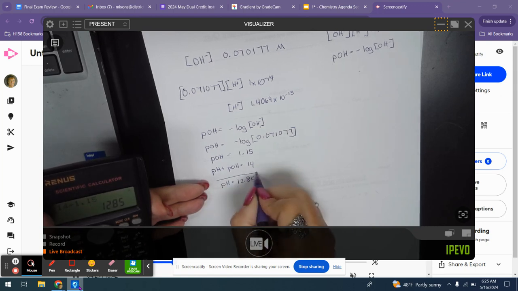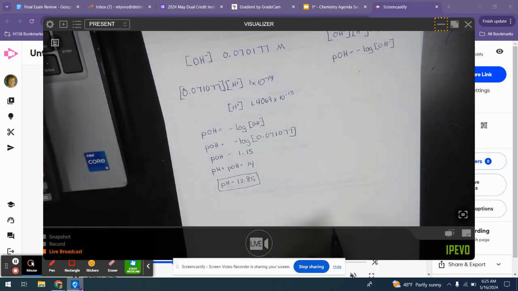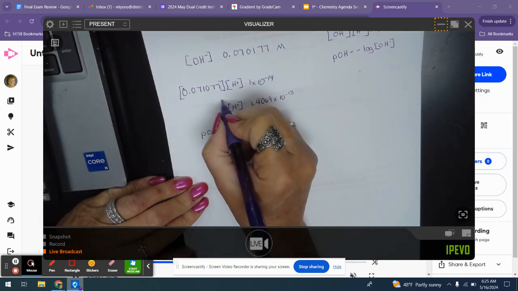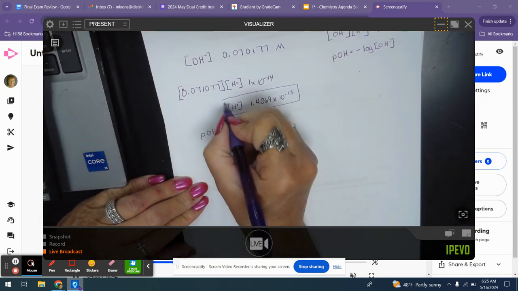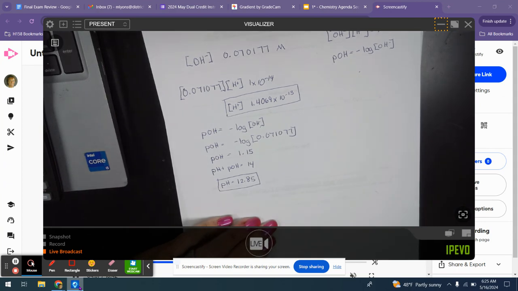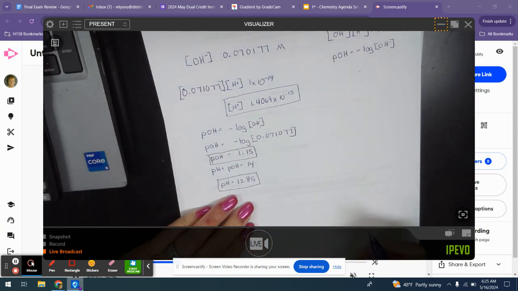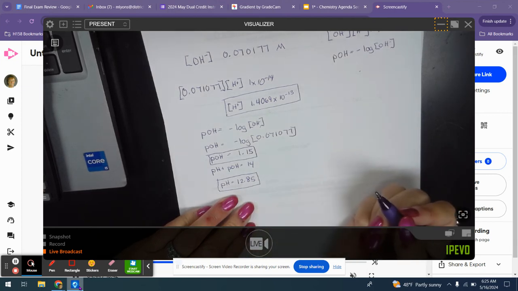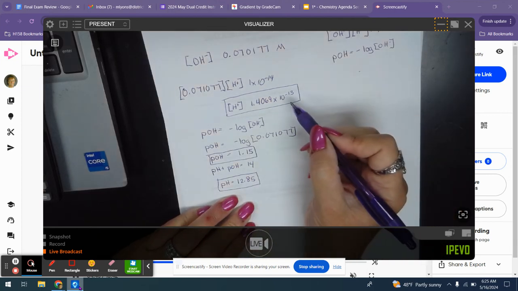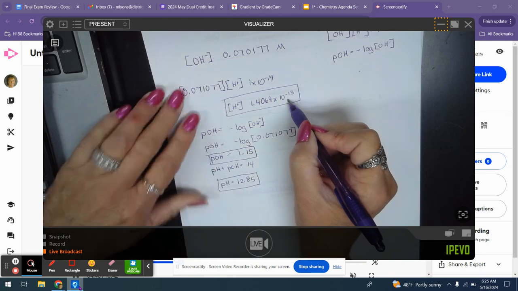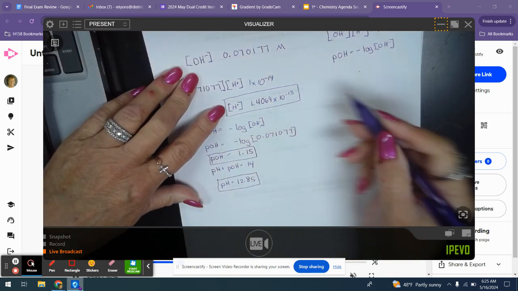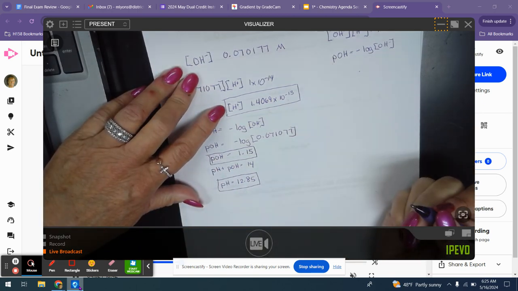So if I take 14 minus 1.15, I get that my pH is 12.85. I'm going to circle a few things that we're looking for, and we're going to see if they all match up. If I use my hydrogen ion concentration, I should be able to find my pH.